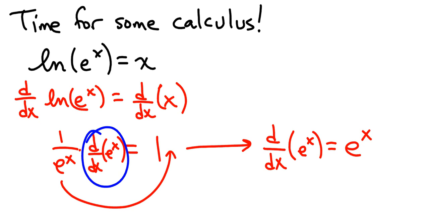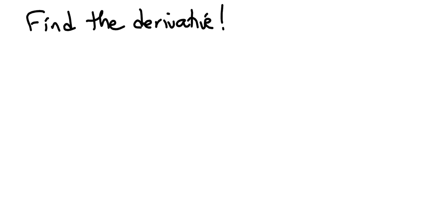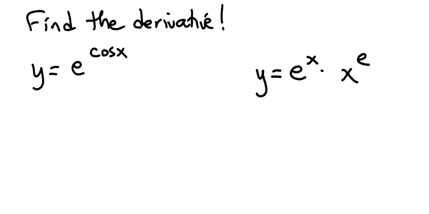So let's play everybody's favorite game. Find the derivative. The derivative of e to the cosine x, the derivative of e to the x times x to the e. So the derivative of e to the cosine x, how do we do that?